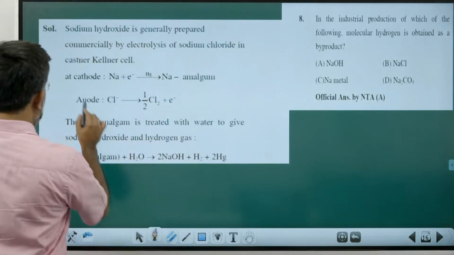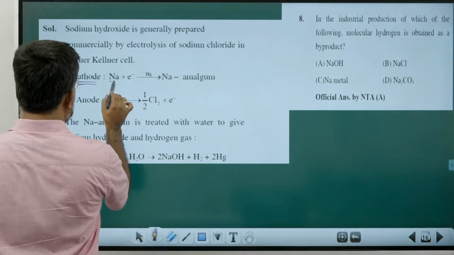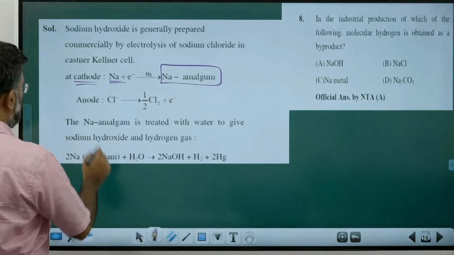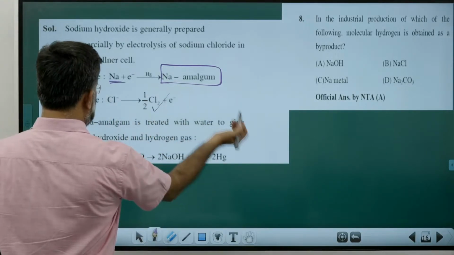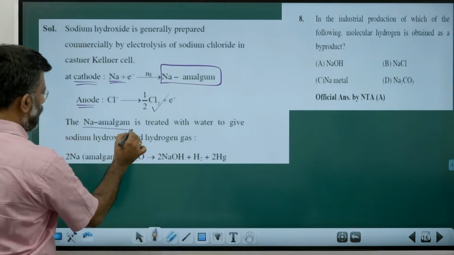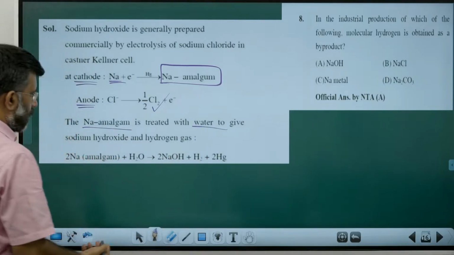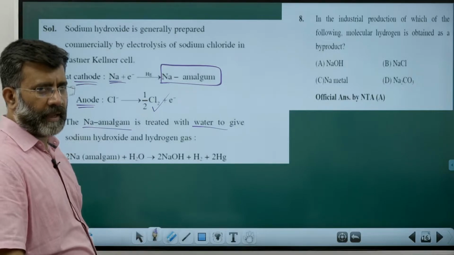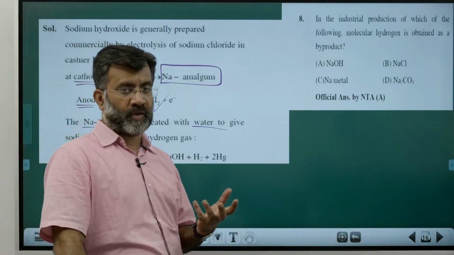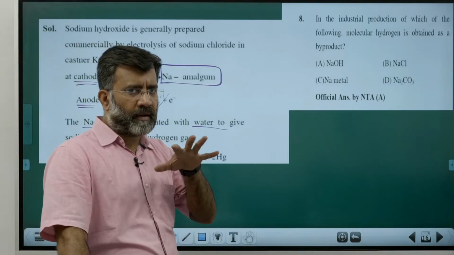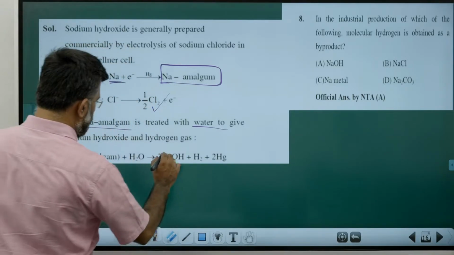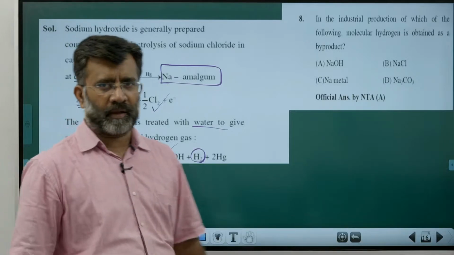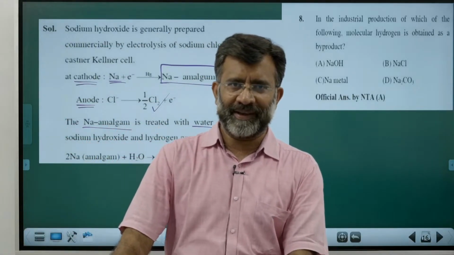At the cathode, sodium interacts with mercury giving sodium amalgam, and at the anode chlorine gas is liberated. Now this sodium amalgam when treated with water gives a controlled reaction, otherwise sodium would give a violent reaction. You get NaOH, liberating hydrogen gas. And that was the question. Okay, next.